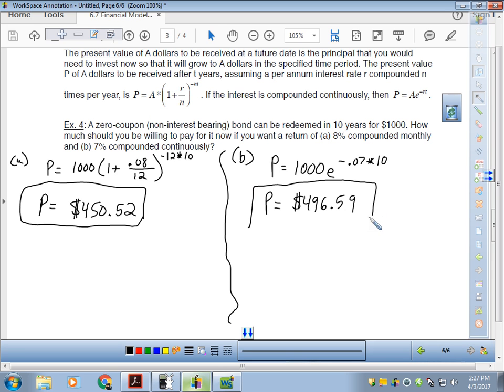So if we paid $496.59 for this bond right now, we would get that $1,000 in 10 years. That's the same as if we were earning 7% compounded continuously on it.